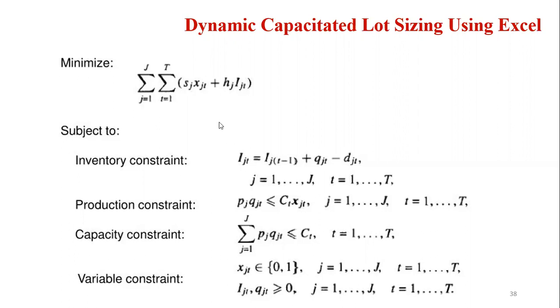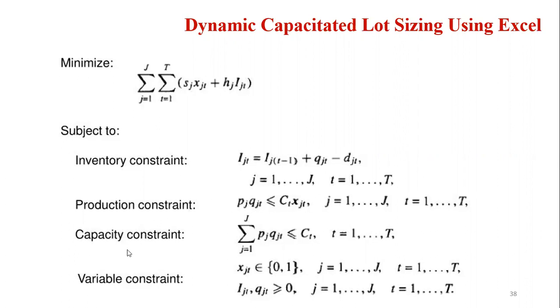XJT is a binary variable, as explained earlier, indicating whether we are producing that product or have given the order in that time period. So this would be 1 or 0. You can say this is an on-off constraint. If we have set up a product in that time period, it would be 1 and this constraint will be active. If it is 0, the constraint would be off.